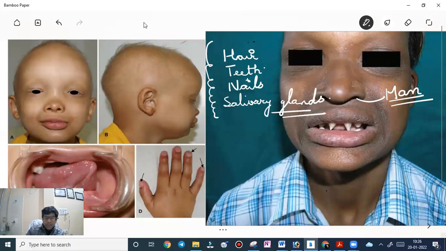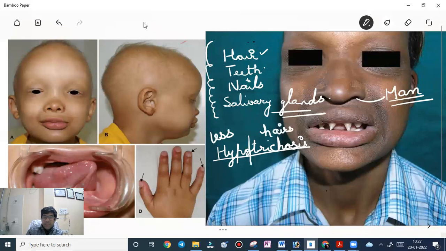Number one is the hair, and the term used will be hypotrichosis. This term is derived from two words: hypo means less and trichosis is the hairs.